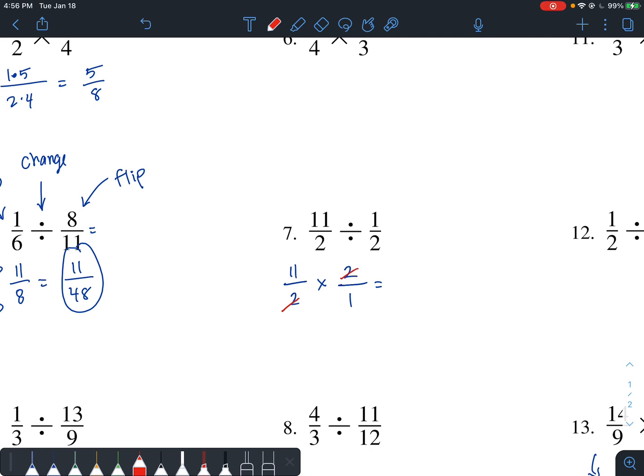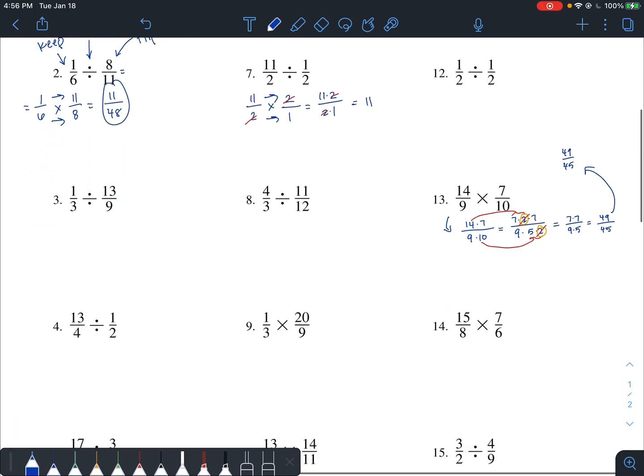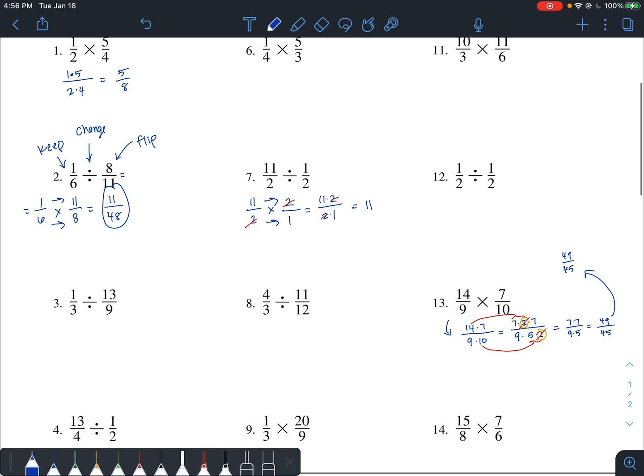So because multiplication doesn't really matter, you can multiply straight across, you get 11 times 2 over 2 times by 1, and you can see that either way we have it, the 2's would cancel, so we're just going to be left with 11 right there. Okay? So that right there is how to divide fractions.